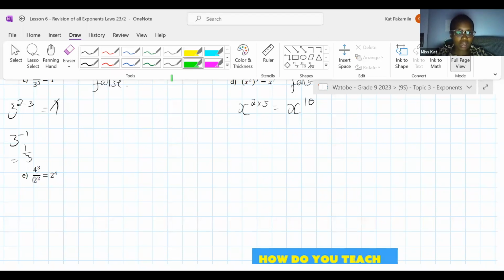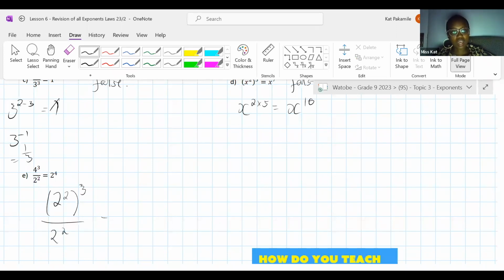These are 2 different bases. So what we can do is make the bases the same. Do you agree that I can write 4 as a base of 2? Yes, ma'am. 4 is the same as 2 squared. Do you agree? Oh, yes, ma'am. Then we have that 3 that's on the outside there over 2 squared.